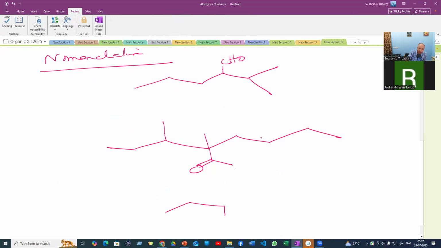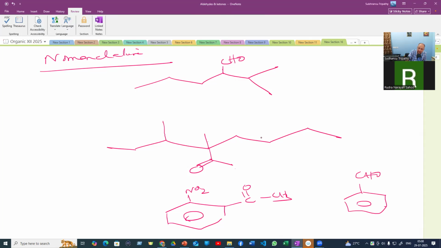And same will be the case if I give you a substituted ketone, an aromatic ketone, and an aromatic aldehyde. So what is the name of this compound? The aldehyde carbon will always by default be 1.